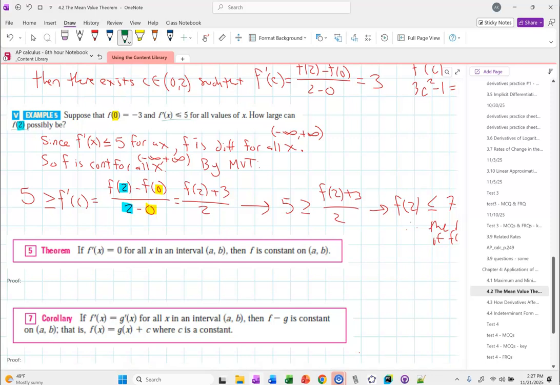Extreme value theorem says the derivative equals 0. That's not going to help me. Intermediate value theorem doesn't give me any information about the derivative. The mean value theorem is the one that links values on the derivative with values in the function. So if I ever have to compare those two things, that's a mean value theorem problem. Does that make sense as to how I would know to choose that in the future?